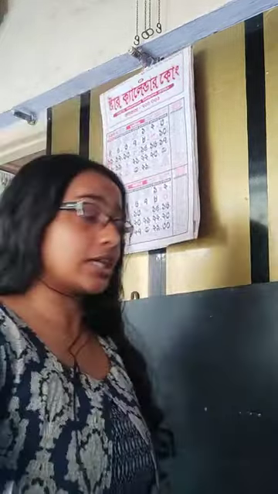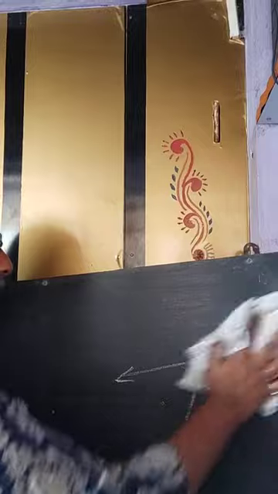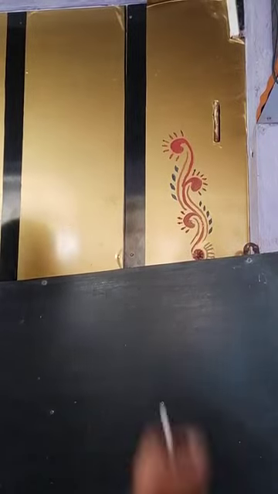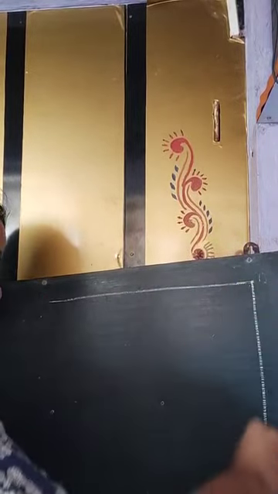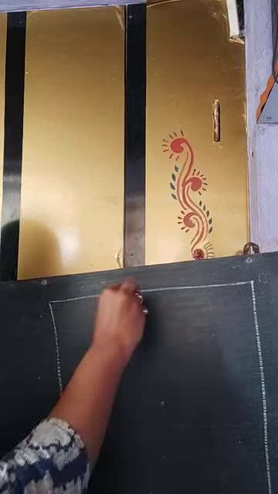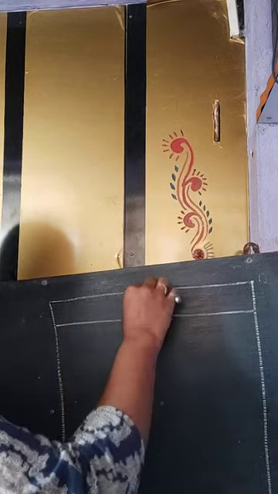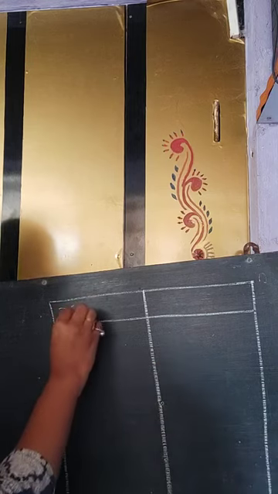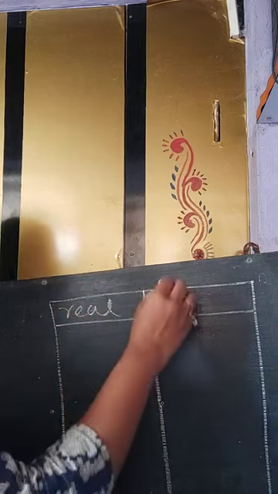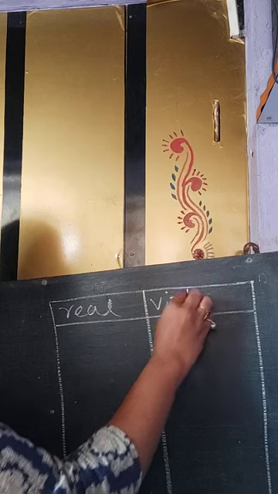Okay, so let us continue with the chart, the sign convention. First I am writing the concave mirror form. For the concave mirror we are getting two kinds of images: the first is real and the next is virtual.